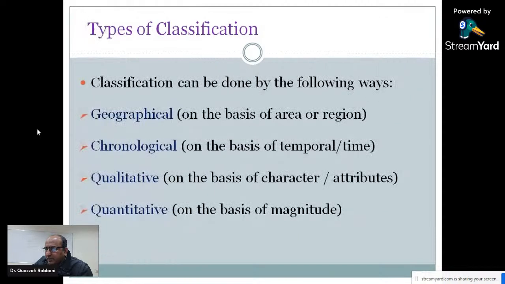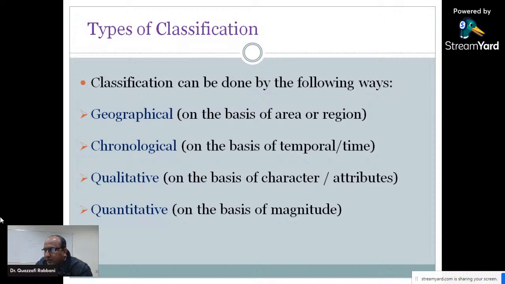Here we come to the types of classification. Classification can be done in the following ways. Classification is done in four ways: geographical classification, chronological classification, qualitative classification, and quantitative classification.